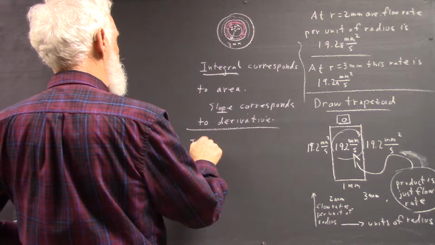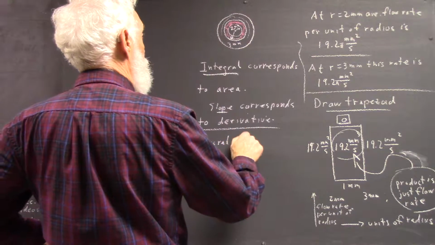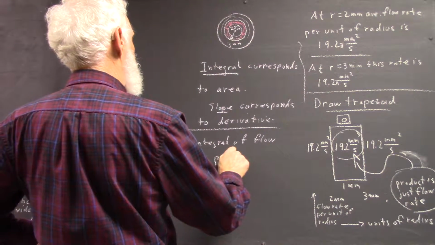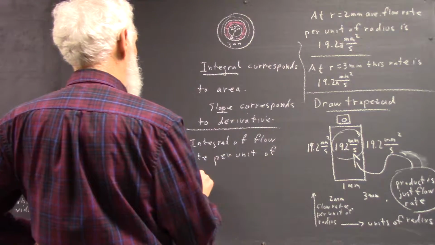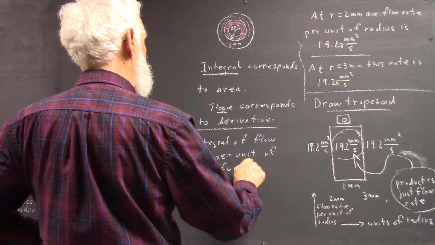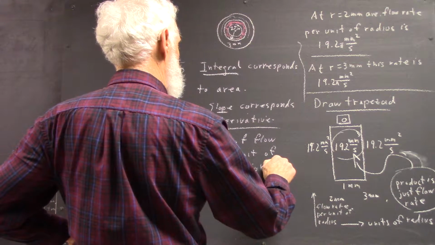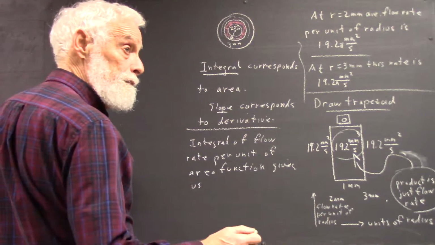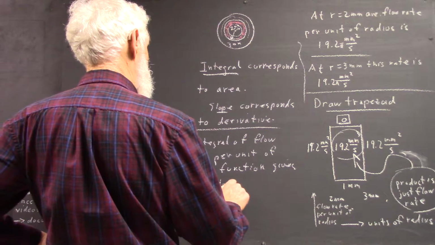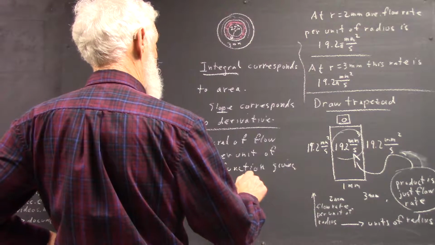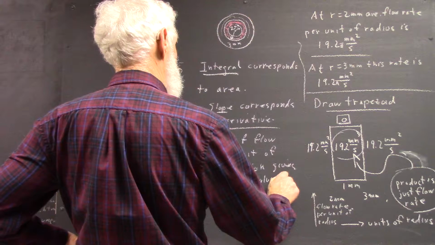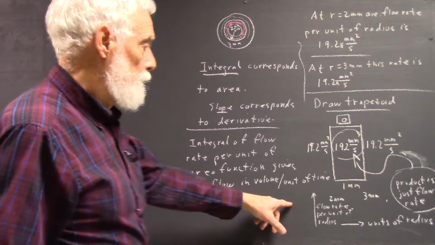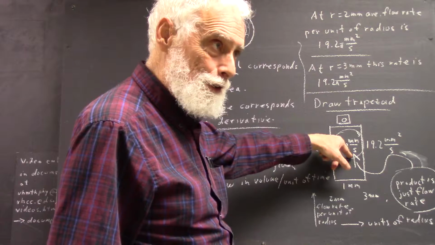I'll say here the integral of the flow rate per unit of area function gives us the flow in volume per unit of time, because this is volume per unit of time.